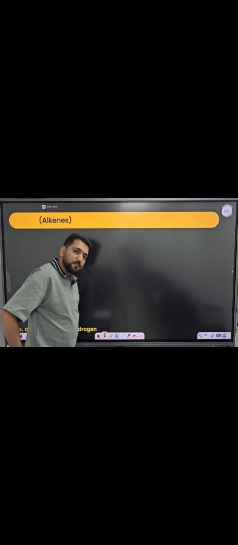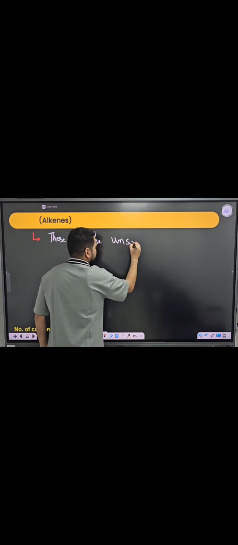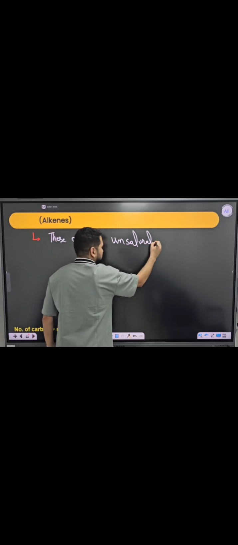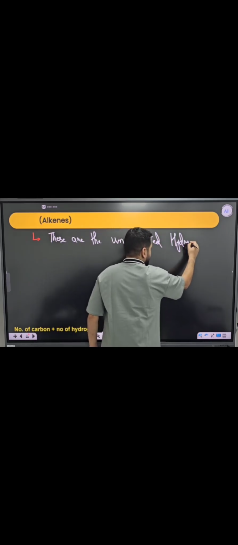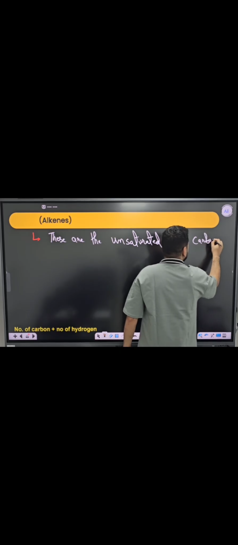Okay guys, alkenes. If I talk about alkenes in simple terms, can I say that these are the unsaturated hydrocarbons? Yes, these are unsaturated hydrocarbons containing a double bond, right?